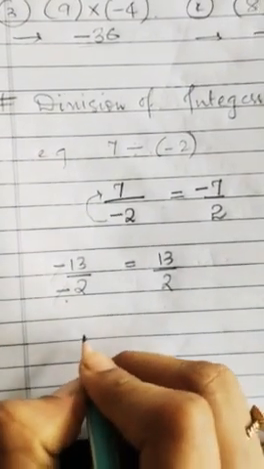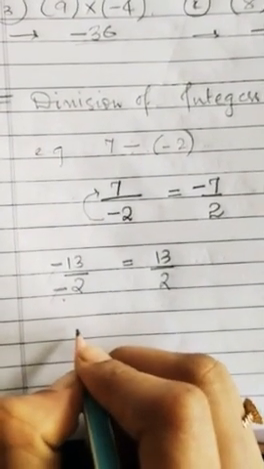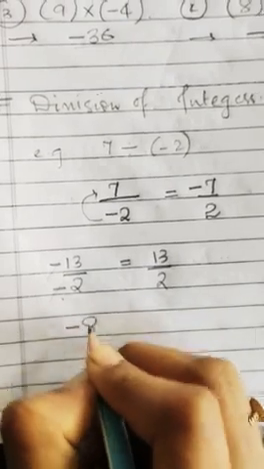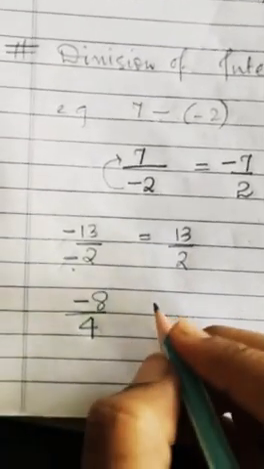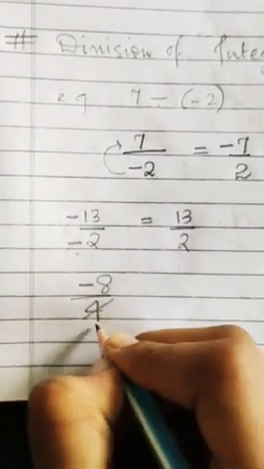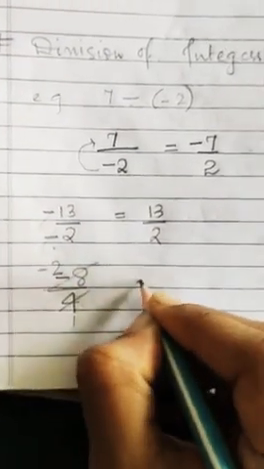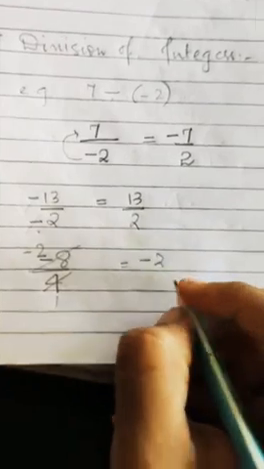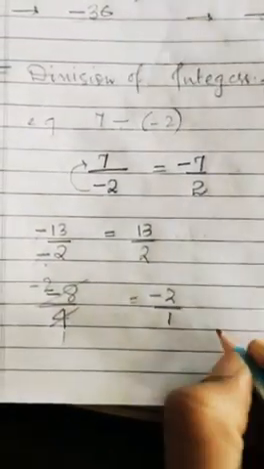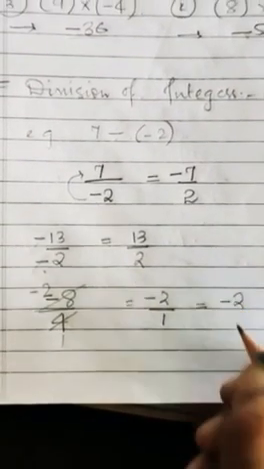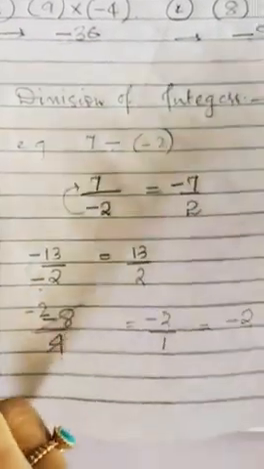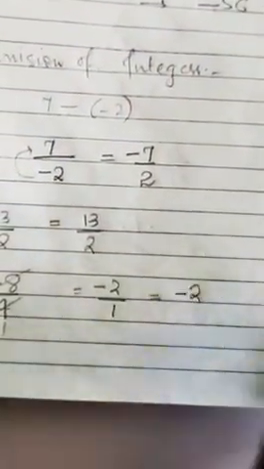Again, if we divide a negative integer by a positive integer, for example minus 2 upon 1, that is minus 2.